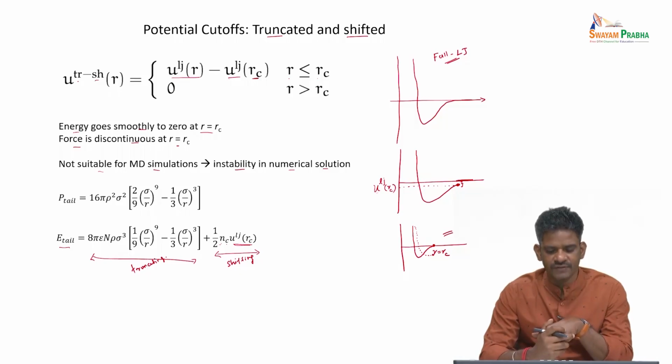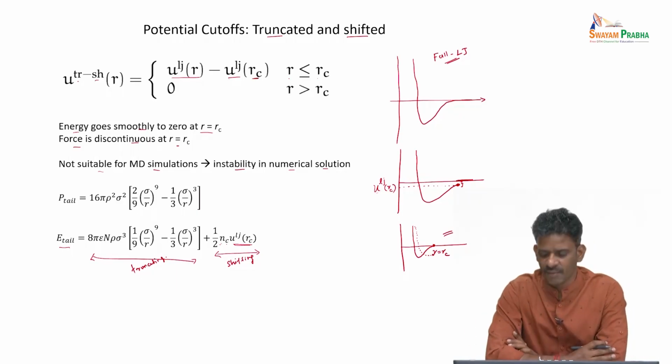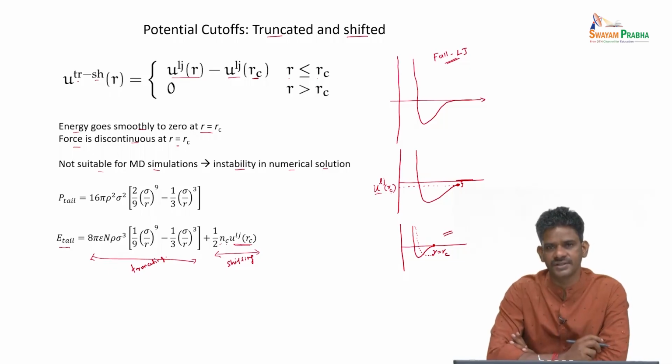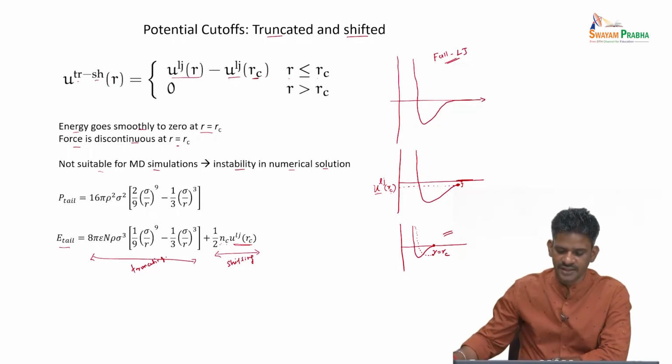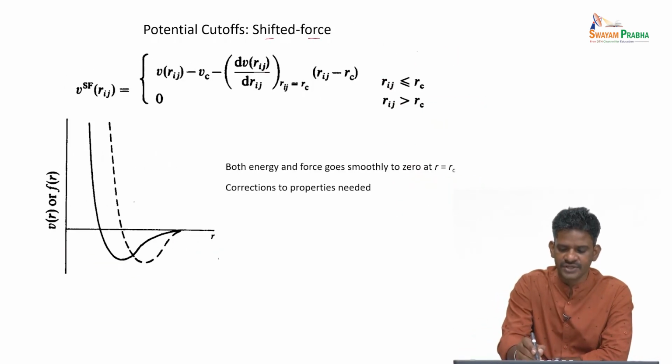So, in this approach, we truncate the potential at some cutoff, and then we also shift by the amount equivalent to the potential at rc. Thereby, we can make the energy smoothly go to 0 at r equal to rc. However, the force is still discontinuous at r equal to rc. Then the next approach is what is called the shifted force potential.